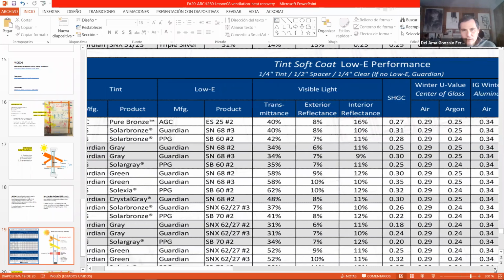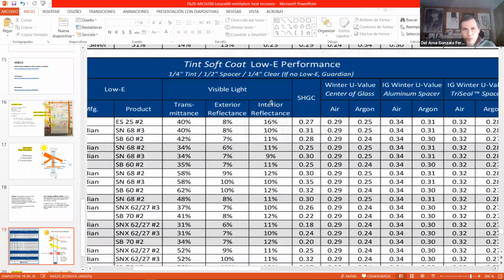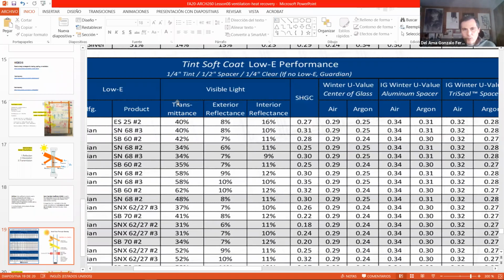And this is the important thing. Here we have visible light: the transmittance and the reflectance to visible light. And here we have the solar heat gain coefficient, which has to do with the heat, and then we have other parameters for the visible light.